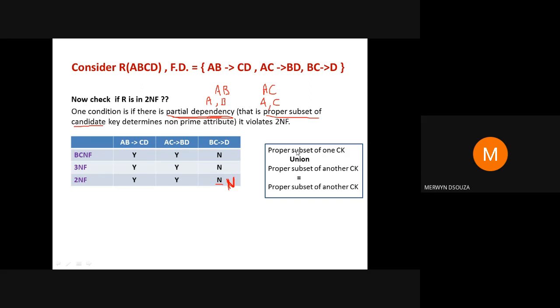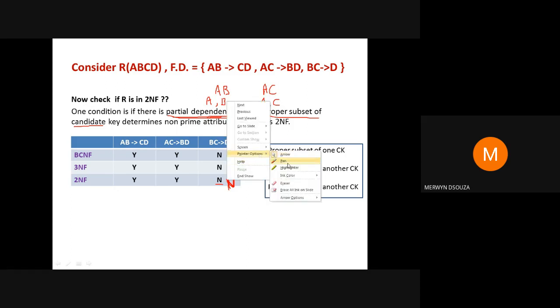Now, using this very important rule that you need to remember, these are the proper subsets of candidate key AB, and these are the proper subsets of candidate key AC. Find the union of these, so you will get A, B and C. In that union you get BC.